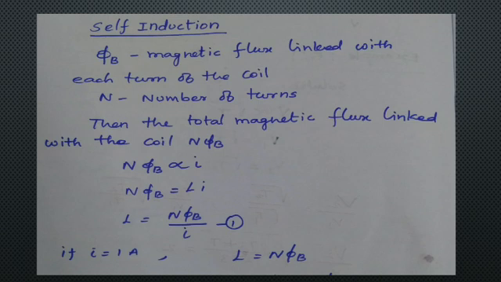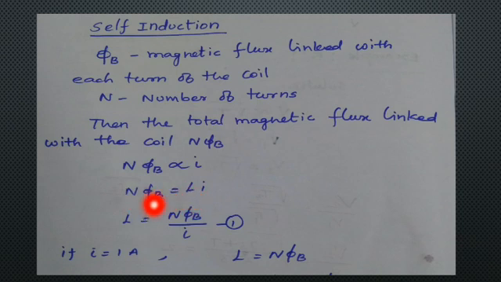In the same way here, Φ_B is the magnetic flux linked with each turn of the coil, and n is the number of turns. Therefore the total magnetic flux linked with the coil is nΦ. According to self-induction, the total magnetic flux is directly proportional to the current I. To remove the proportionality, I have to use a constant, that is the proportionality constant L.